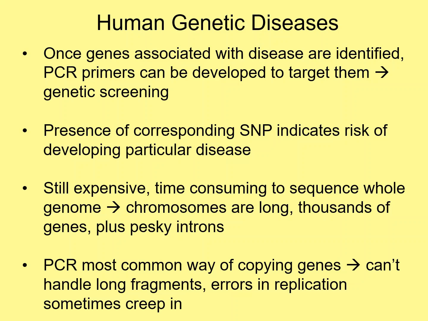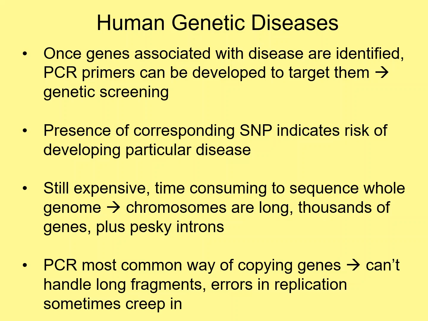The downside of PCR is it doesn't handle very long fragments very well, so it does best with shorter DNA sequences. And if you've copied something millions and millions of times, you do sometimes get some errors in DNA replication that creep into that process. So it's fine for most of our purposes in terms of DNA profiling or something like that.